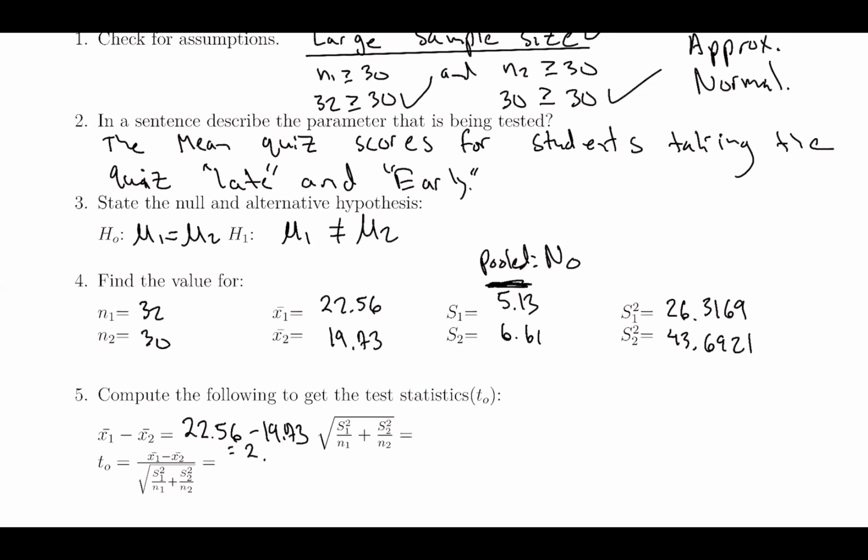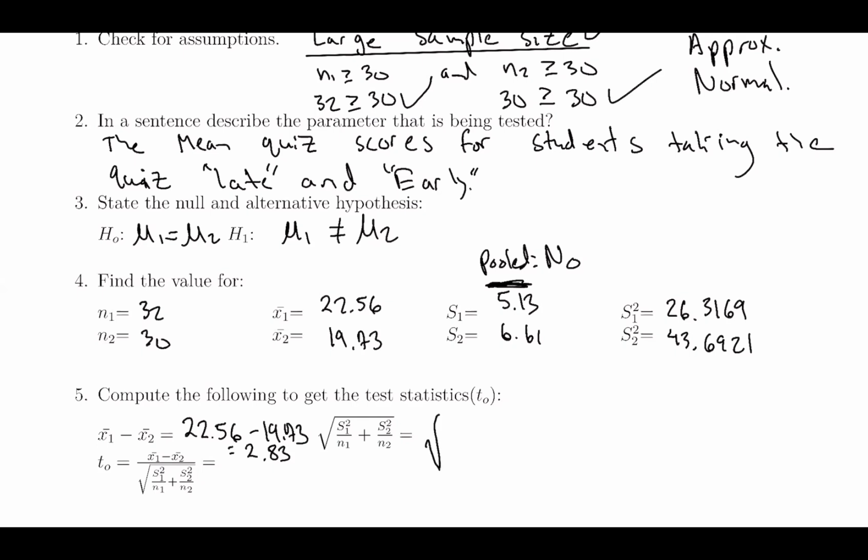This is equal to 2.83. So the difference between the two of them is 2.8 points. That's the difference between the quizzes, between people who took it late and people who took it early. Now we're going to do standard error.